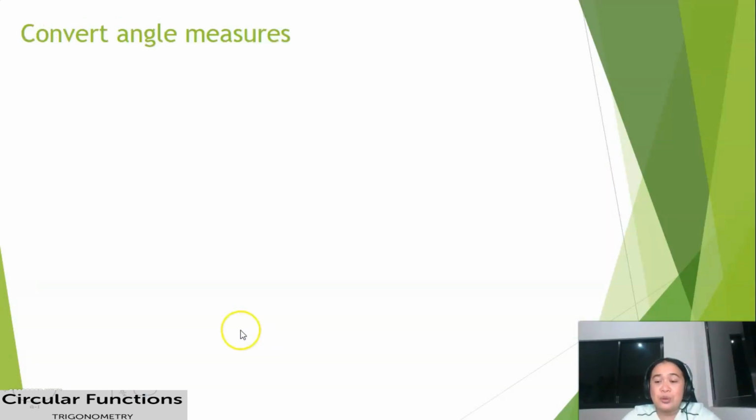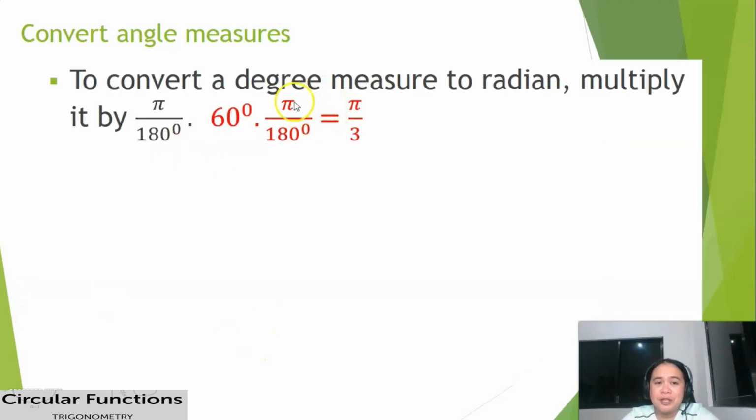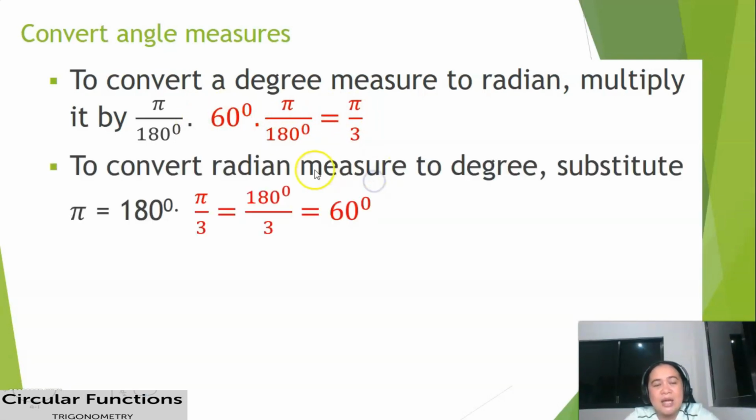Now, how do we convert angle measures? To convert from degree to radian, for example 60 degrees, our conversion factor would be pi over 180 degrees. So 60 over 180, we can simplify to 1 over 3, so that would be pi over 3. Next, to convert from radian to degree, we simply substitute pi with 180 degrees.